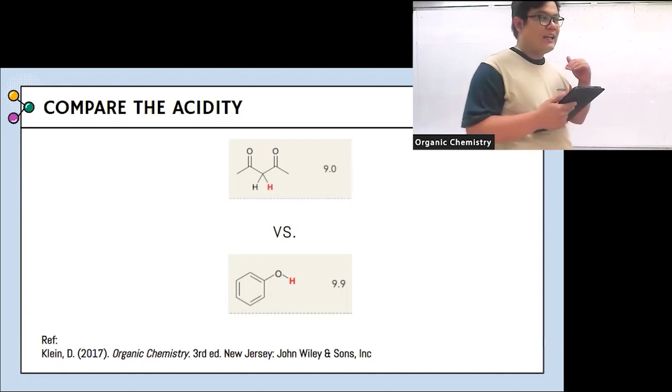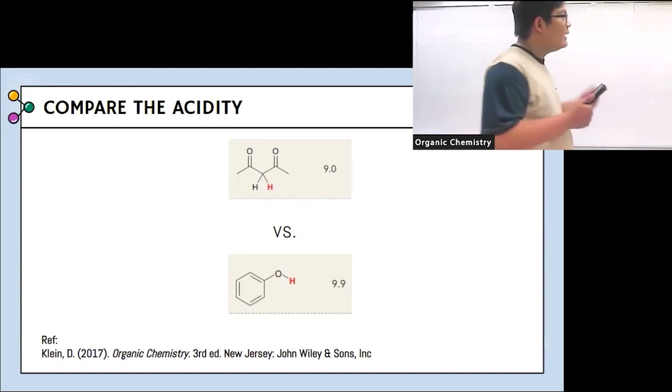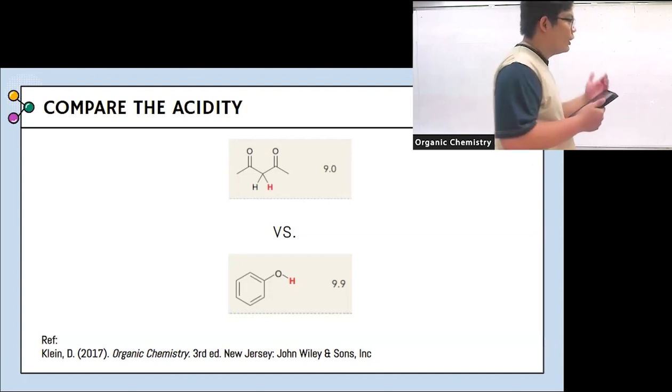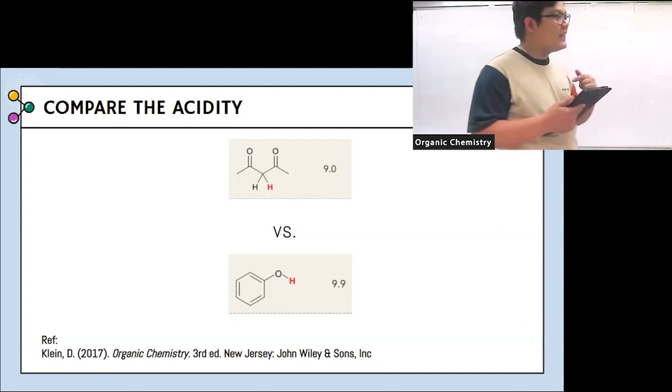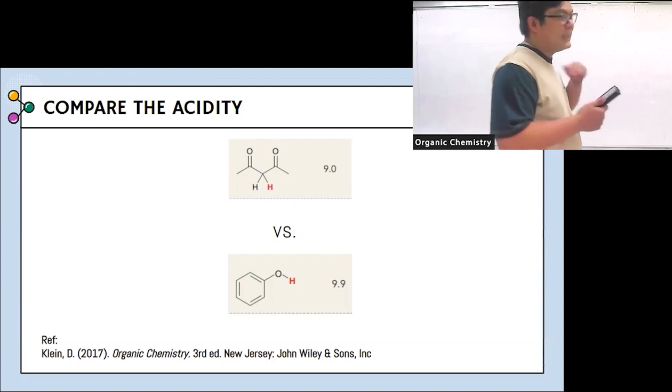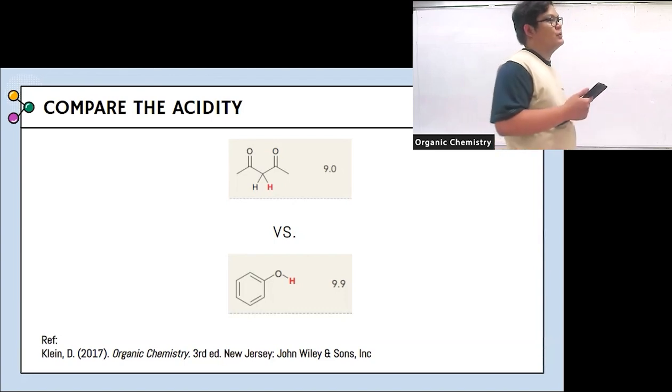But what if in the study of organic chemistry we don't have pKa values to know which is the stronger and weaker acid? So with that, I'll give the floor to Sherwin to discuss the factors affecting acid and base strength without using the pKa values.